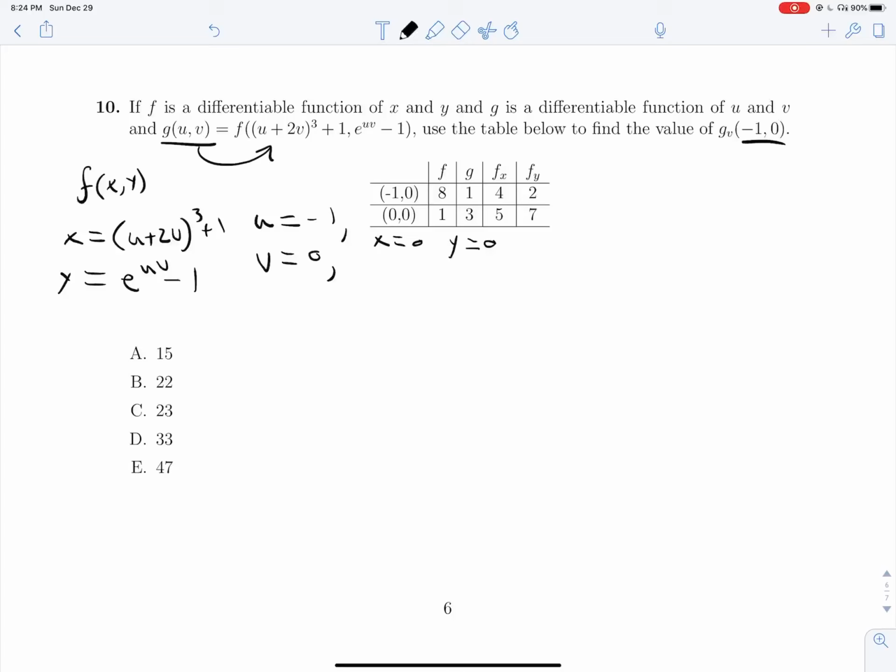And that's important because, okay, perfect. Just checking my work in my head. We know that because we're dealing in terms of x and y over here, the point in the table that we actually care about is 0, 0.